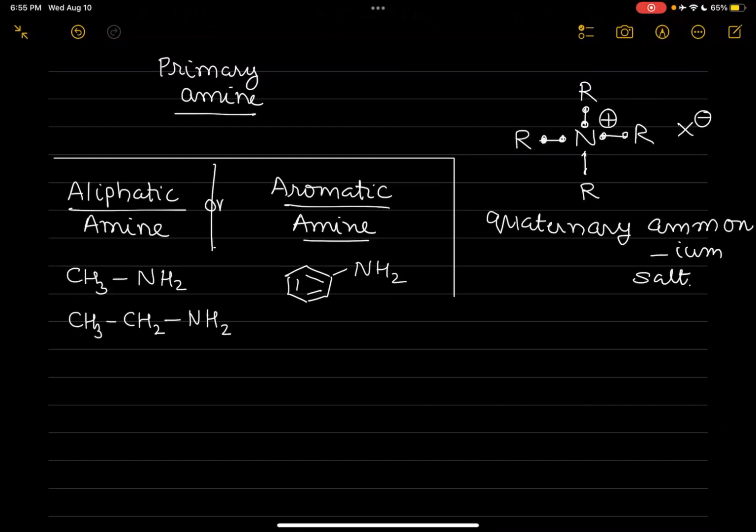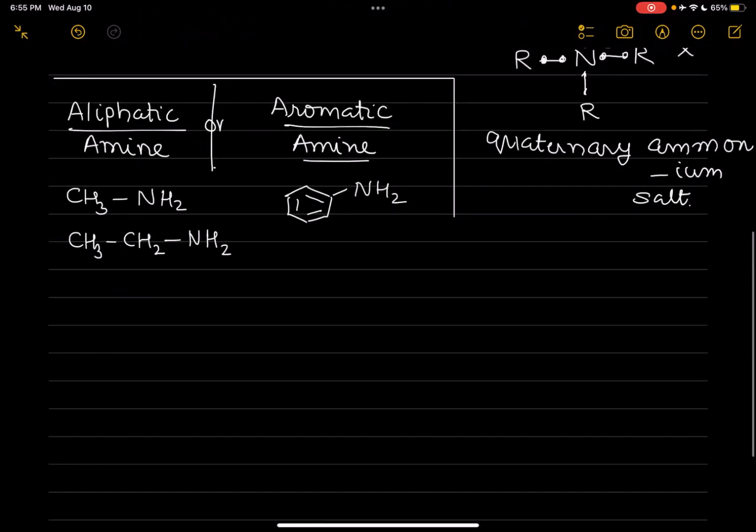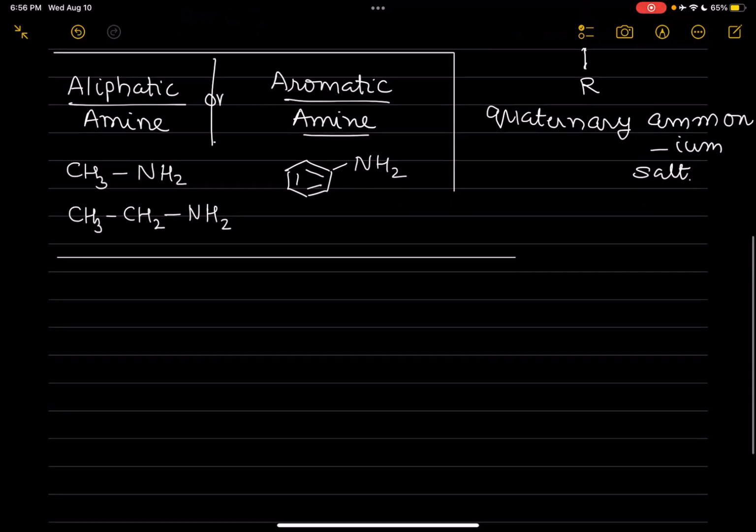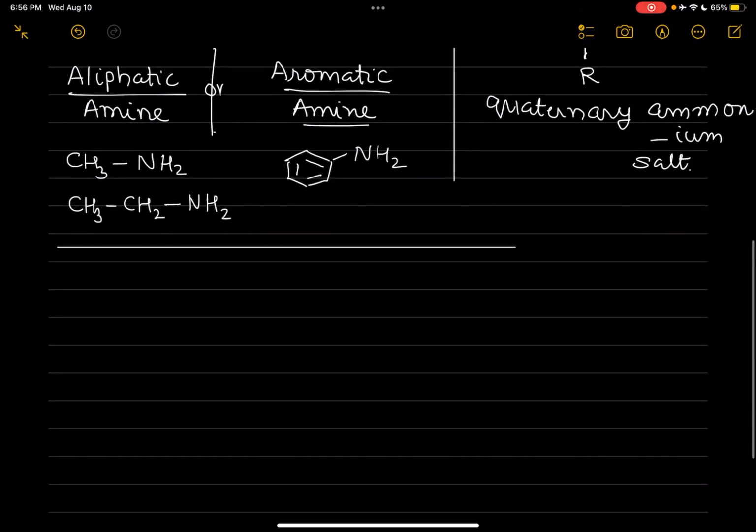Is it clear to all of you? What do you understand by aromatic amine? In the same way, we can have aliphatic halides or alkyl halides, or aromatic halides, or aliphatic alcohol and aromatic alcohol, right? Is it clear to all of you?